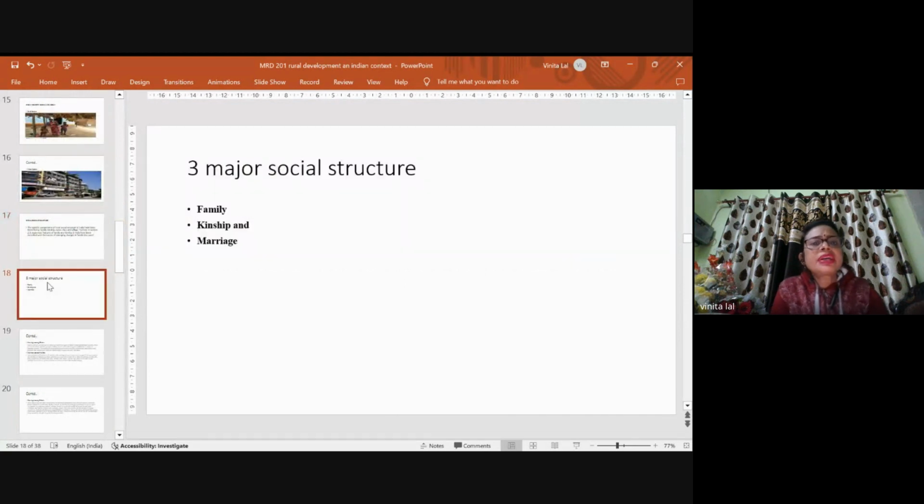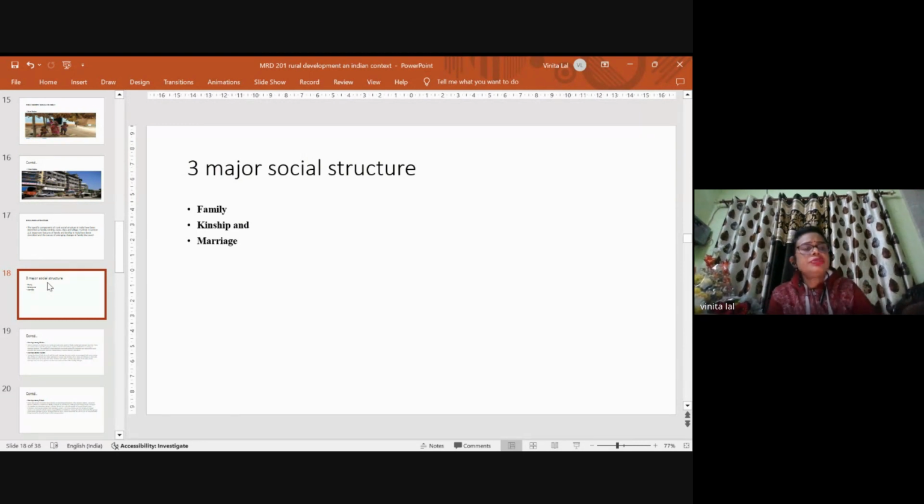These are the three major social structures: family, kinship, and marriage, which are very important in your course. Family is a group of persons united by ties of marriage, blood, or adoption, constituting a single household and interacting with each other in their respective social positions, usually those of spouses, parents, children, and siblings.